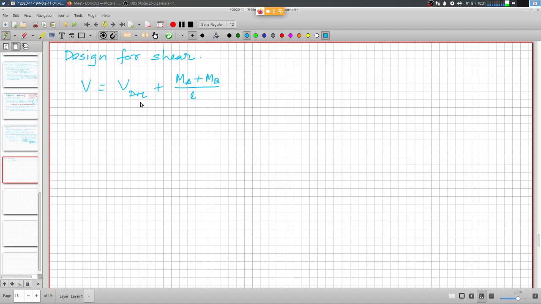That gives you the constant shear. And when I say these moments, these are the beam end moments accounting for the overstrength.